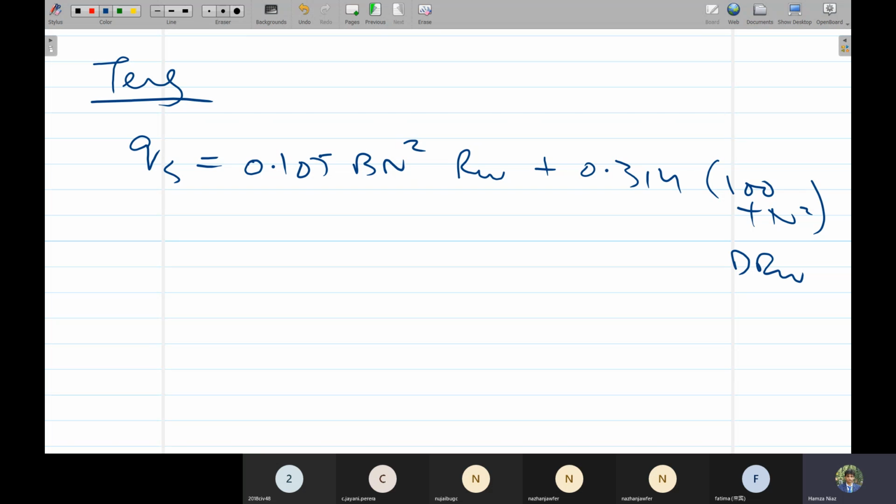So this is the equation of bearing capacity based on the SPT N value. If the number of blows of SPT are given, we are going to use this equation to find the bearing capacity. So this is the safe bearing capacity for shear.